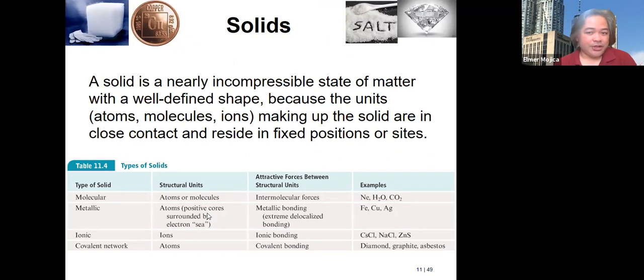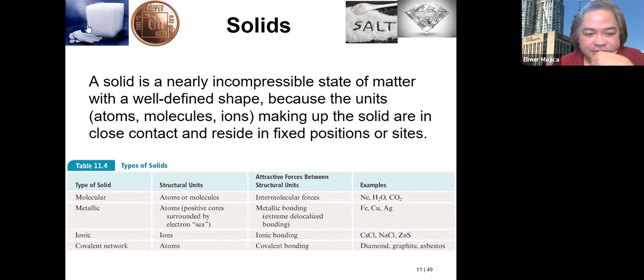There are 4, and an example of each is shown here: a molecular solid, a metallic solid, an ionic solid, and a covalent network solid. How are they different from one another? It has something to do with the structural units and the attractive forces that hold them together.